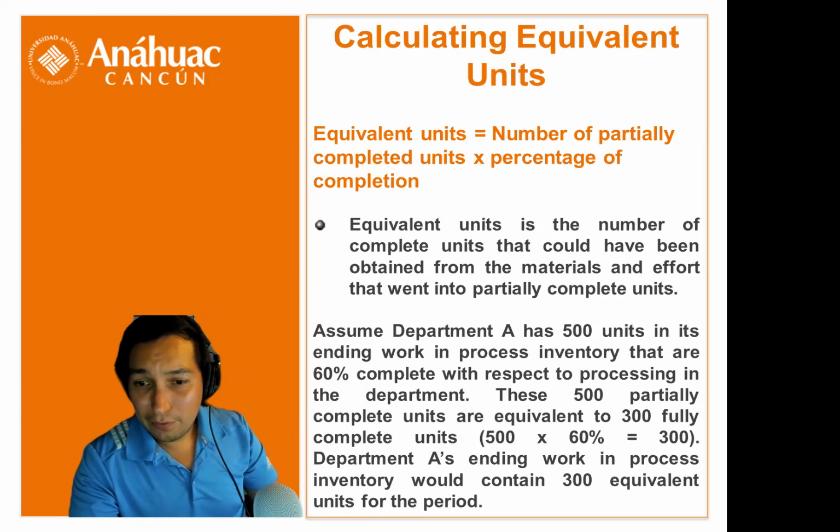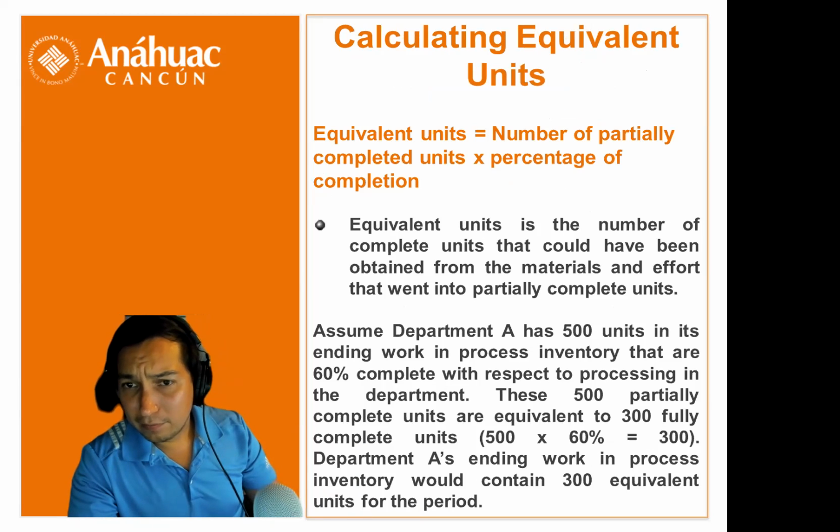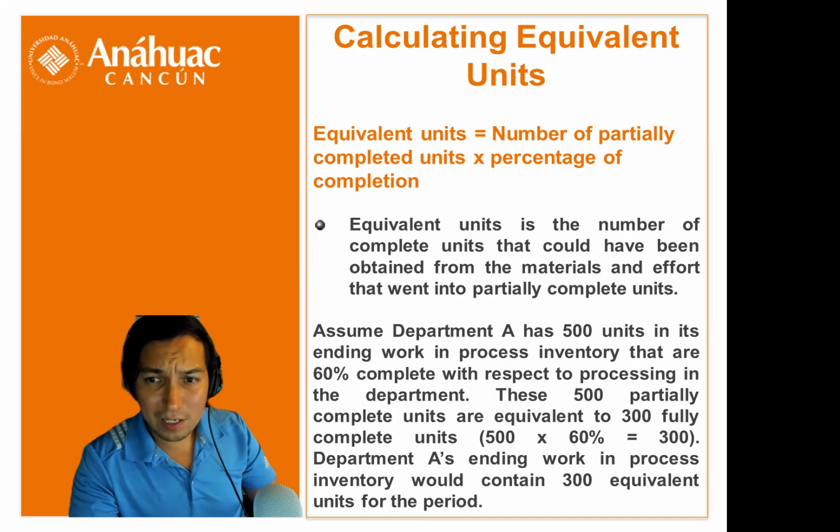So let's review. This is equivalent units. Again, it's the number of partially completed units times our percentage of completion. Remember, it is a product.